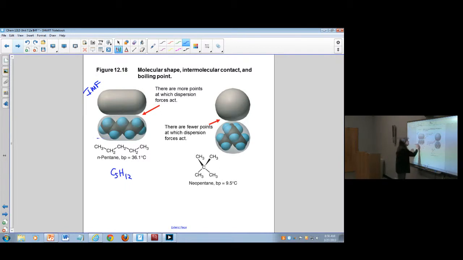It's got lots of areas that we can utilize to have forces between them, while this one is very compact. It has lower intermolecular forces. In terms of boiling point, this one is higher than that one, because this has lots of intermolecular forces and this has a lesser amount of intermolecular forces.